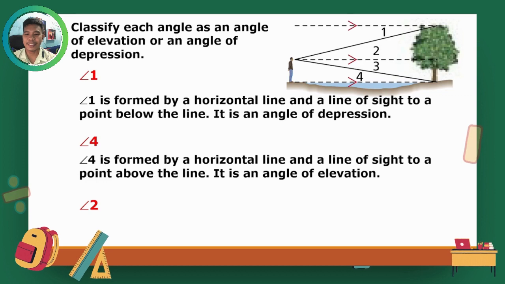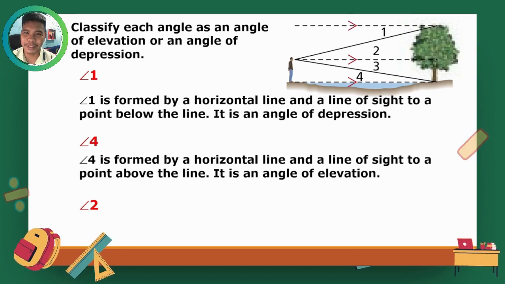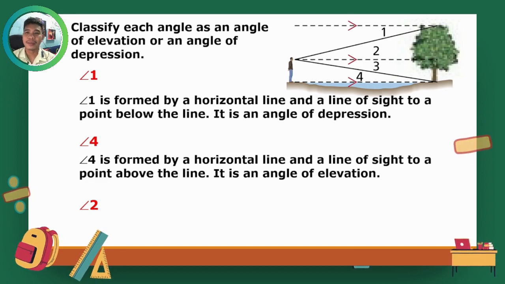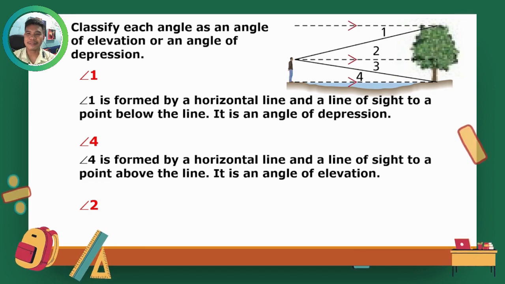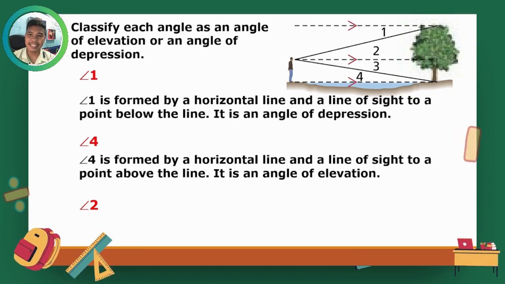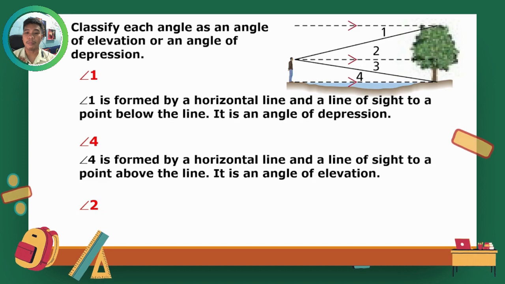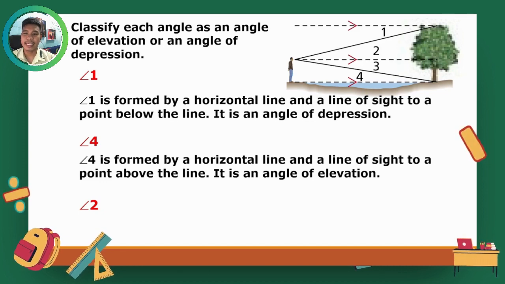Therefore, it is considered an angle of elevation. As you can see, all we have to do is look at the line of sight. If the angle is below the line of sight, it is an angle of depression. If the angle is above the line of sight, it is an angle of elevation.